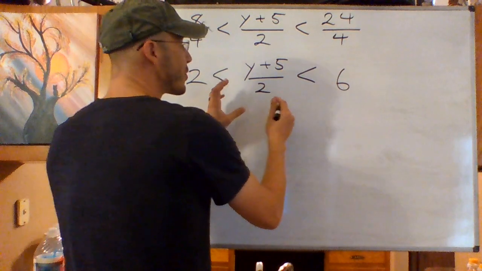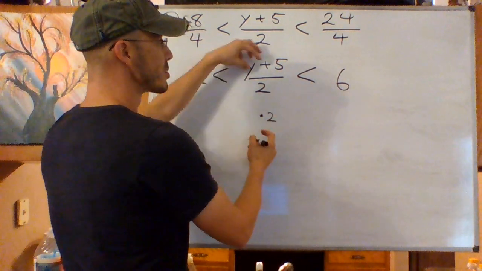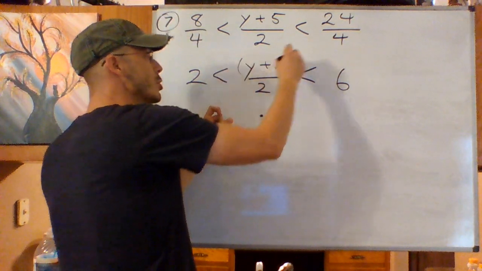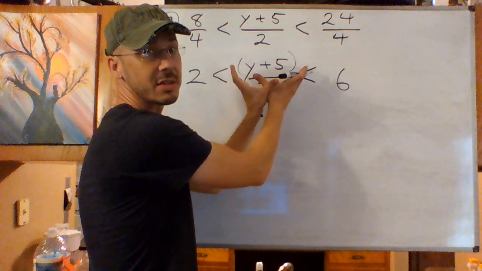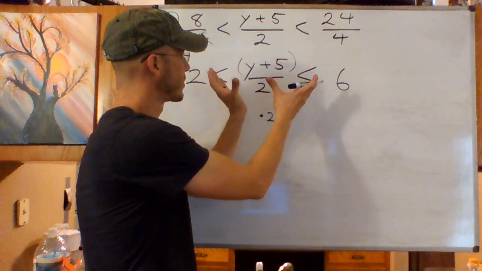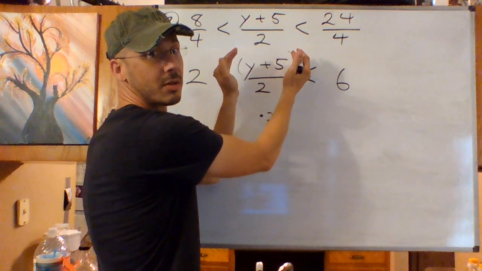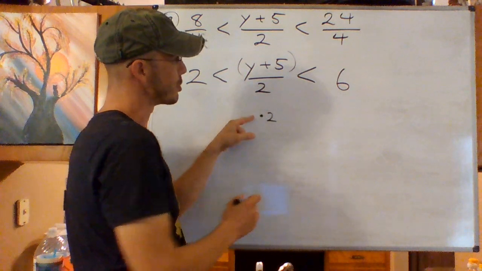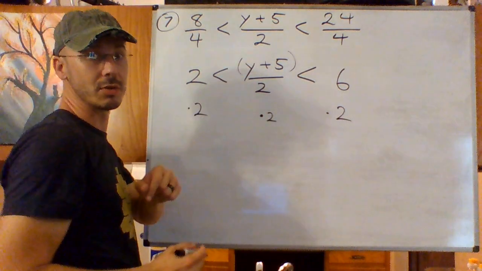All right, so the first step of working with the inequality is I need to multiply by 2. So it's y plus 5 divided by 2. And it's as if these are grouped. The fraction bar is a grouping symbol, so it's y plus 5, the quantity, divided by 2. But I need to multiply by 2 to get rid of that divided by 2.